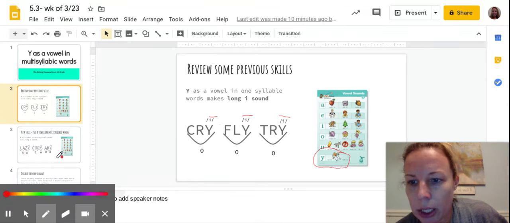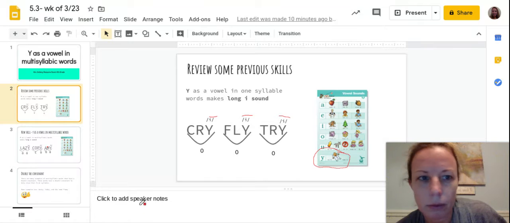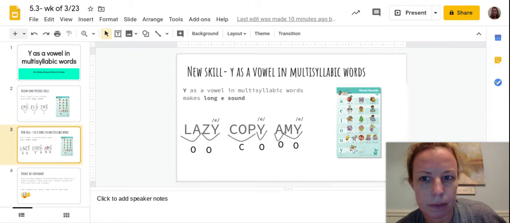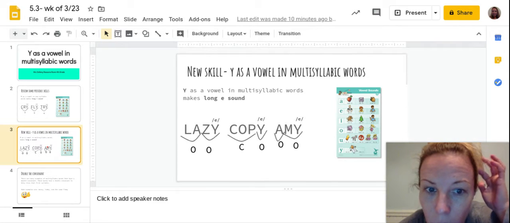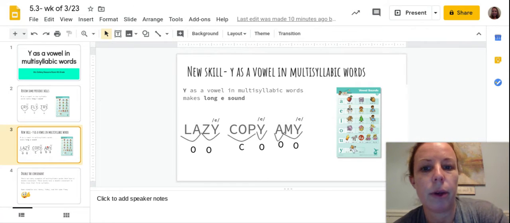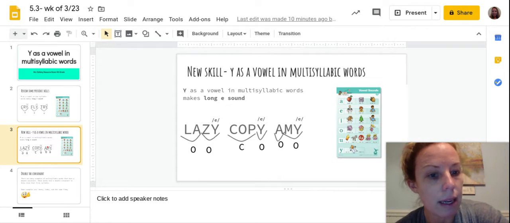I'm going to continue on to our next slide. Okay. Our new skill is Y as a vowel in multisyllabic words. And this is where we hear that long E sound.